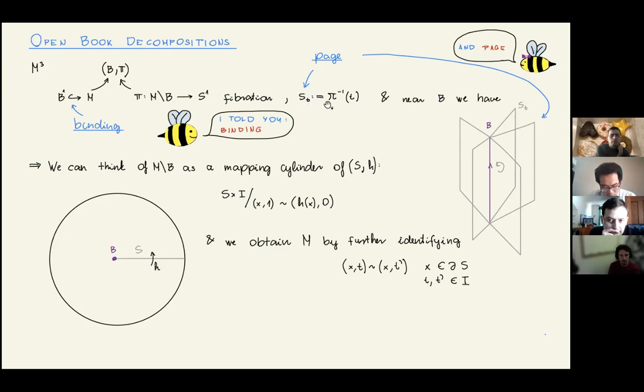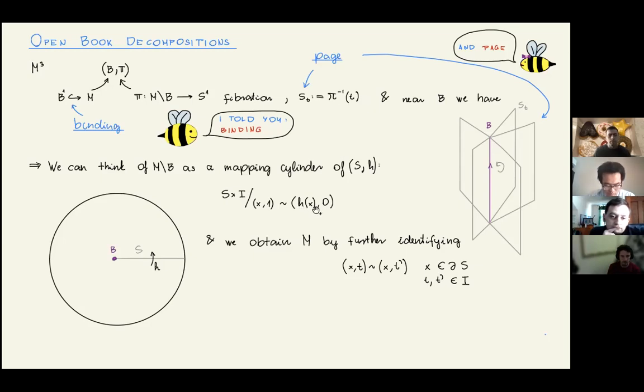And there is another naming concept. Each of these pre-images, so at a given time, the fiber of the fibration is called a page. Okay, and whenever you have a fibration, you can think of it as a mapping cylinder. You just take the first return map, and I call that h.